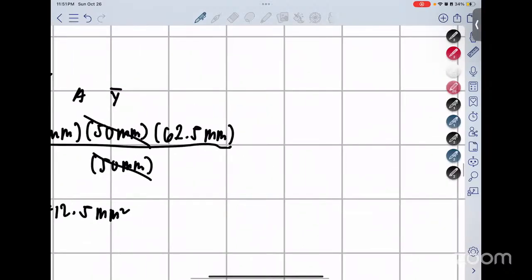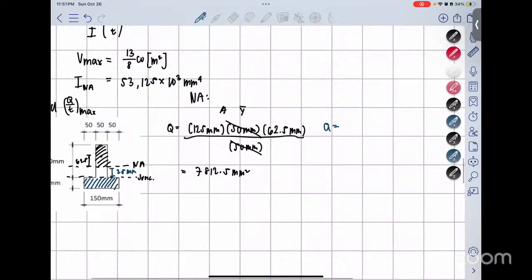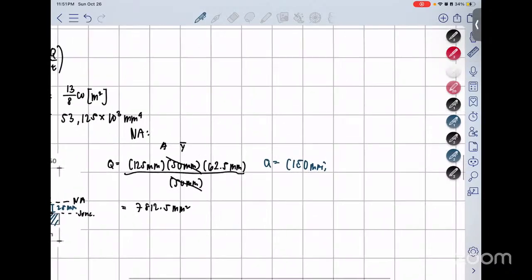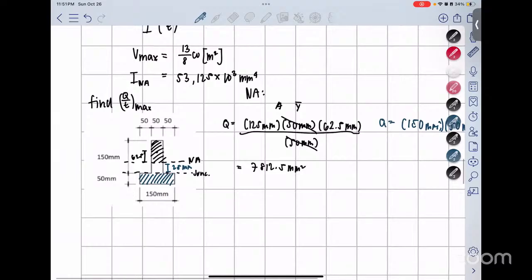So our Q this time is 150, yung base. Ito yung base niya. Yung height is 50 mm. And then yung distance is 25.